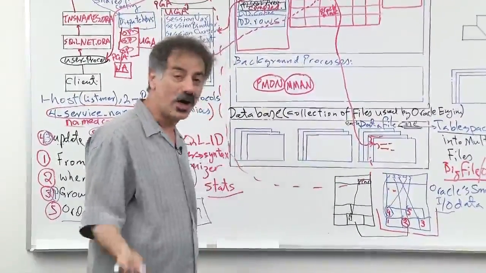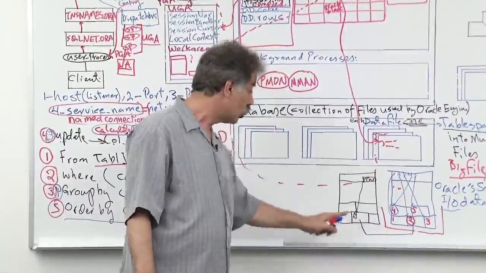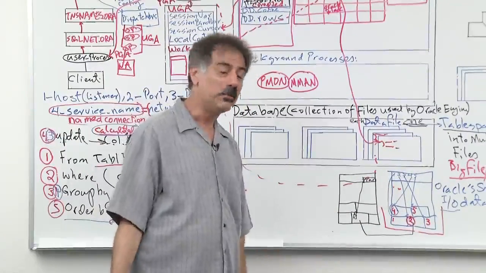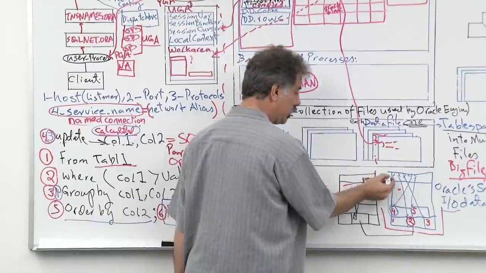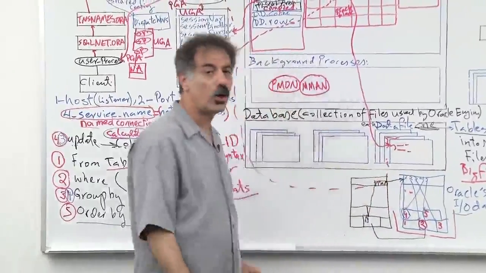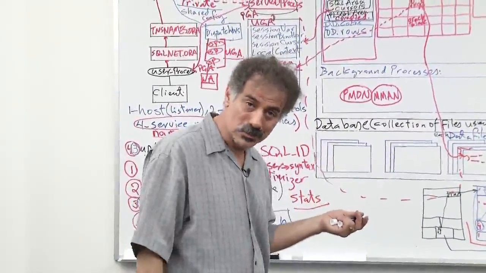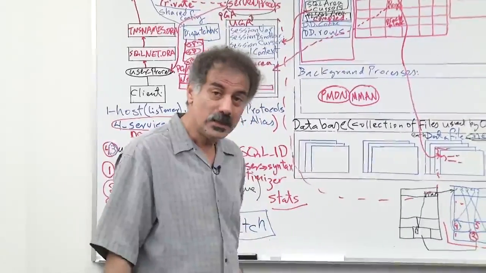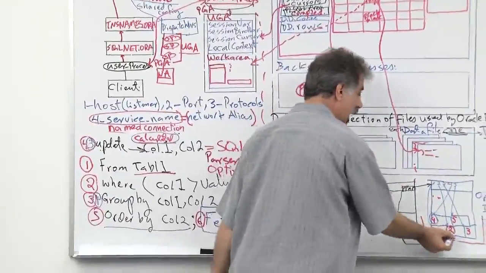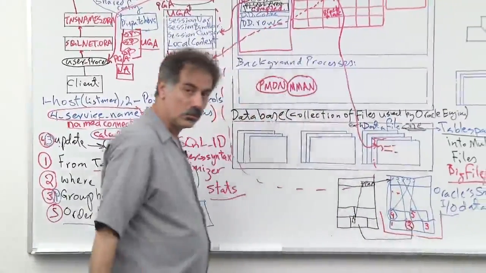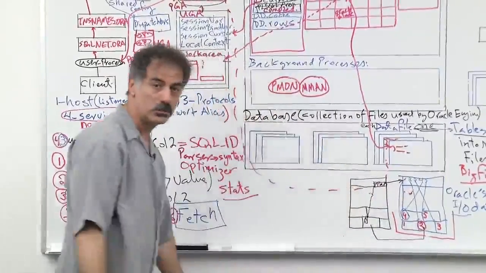Now, if other sessions are going to read this record, and the lock does not belong to them, then this transaction information will point to the version of the block where the read data was. Since I haven't committed, any other user that wants to read data can only read the last committed data. That's why we have to keep both versions of the block.